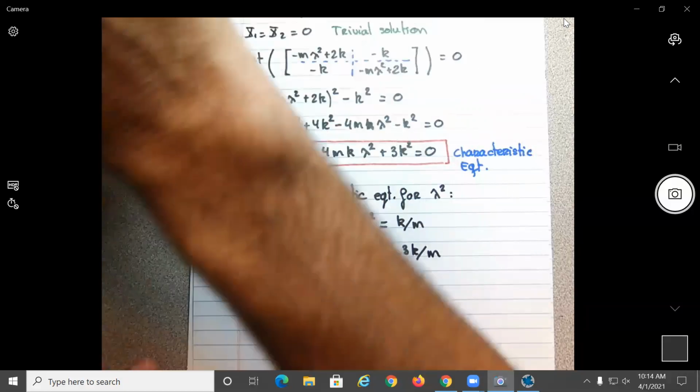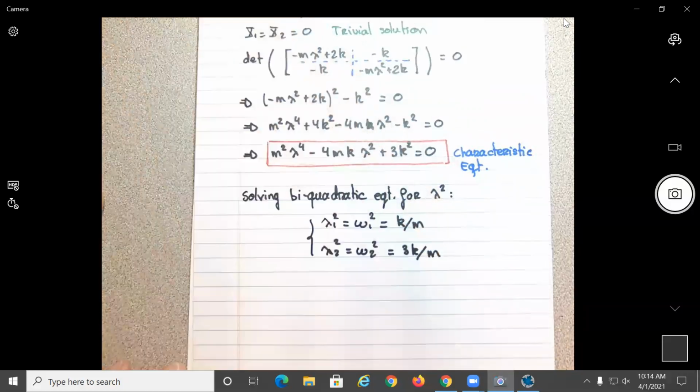So now, after we have the natural frequencies, we need to go and solve for the force frequency.